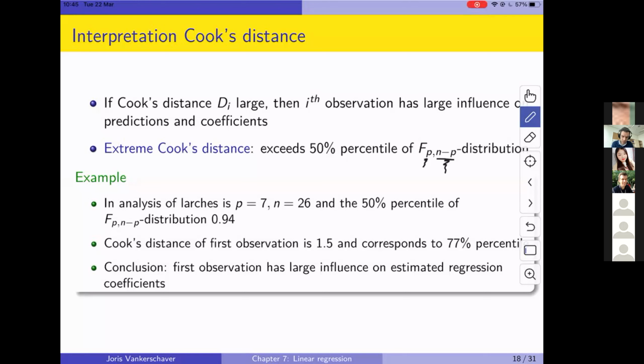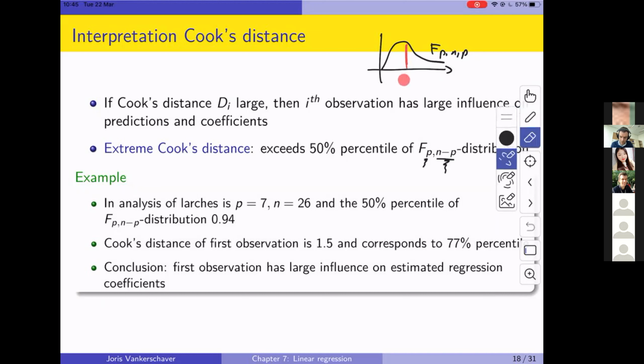So in other words, if we have our F distribution, and let's say we look at our 50% percentile, what that value is will depend on the parameters p and n, but we can calculate it with R or with a table.